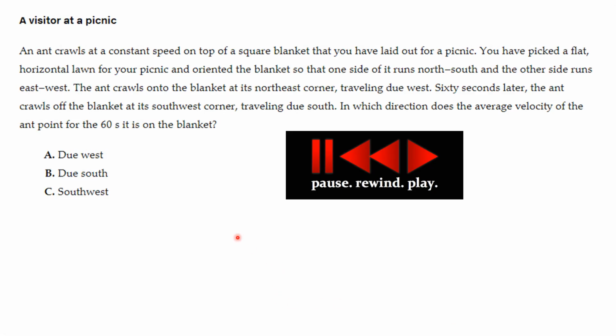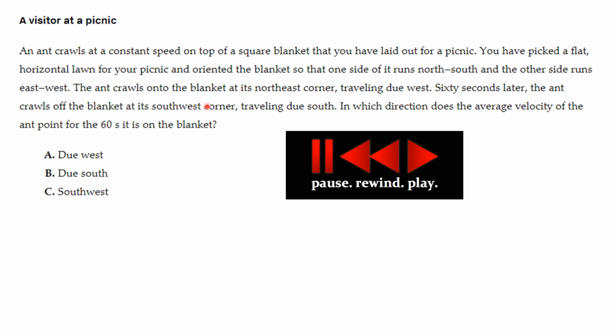Here's another conceptual problem. A visitor to a picnic. An ant crawls at a constant speed on top of a square blanket you've laid out for a picnic. You've picked a flat horizontal lawn for your picnic and oriented the blanket so that one side of it runs north and south and the other side runs east and west.